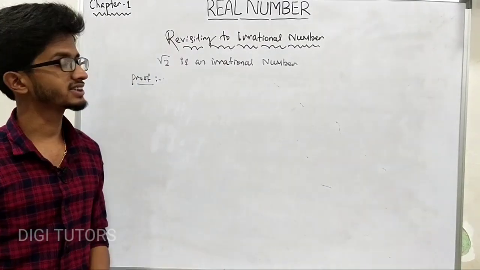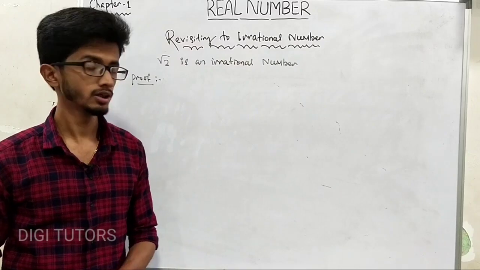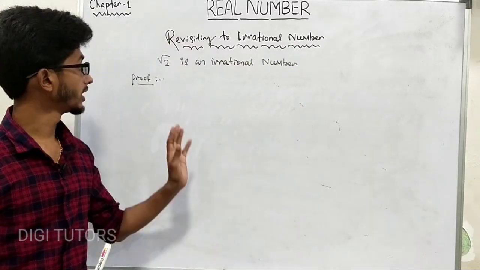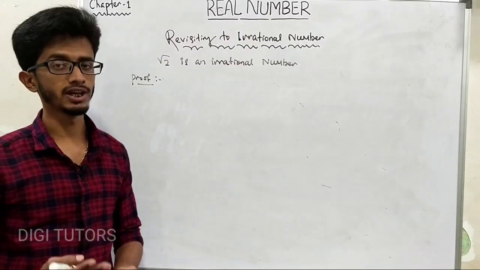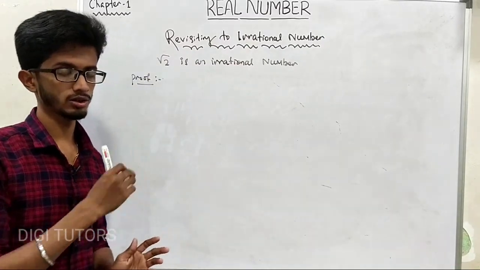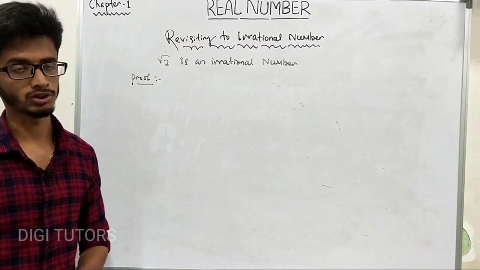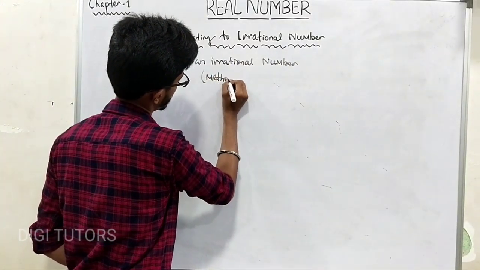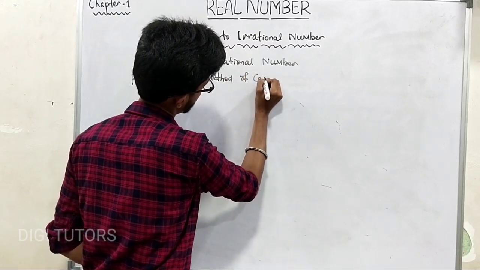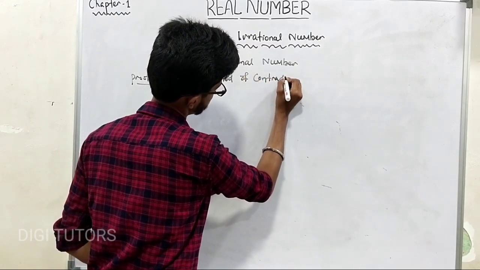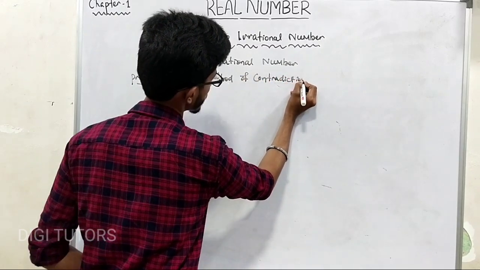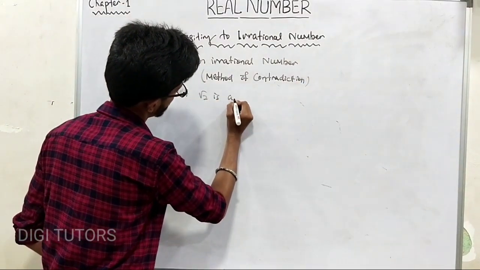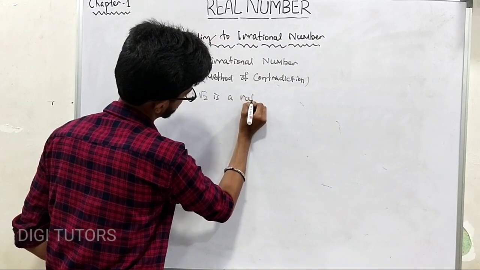To prove the irrationality of a number, here is an example: root 2. Root 2 is an irrational number, and we have to prove the irrationality of root 2 by the method of contradiction. Assume root 2 is a rational number.